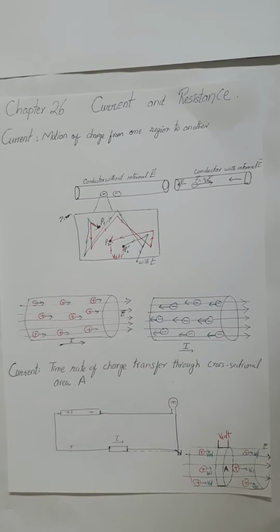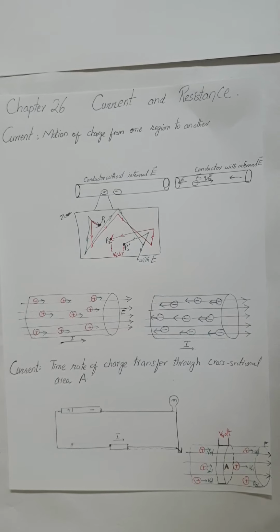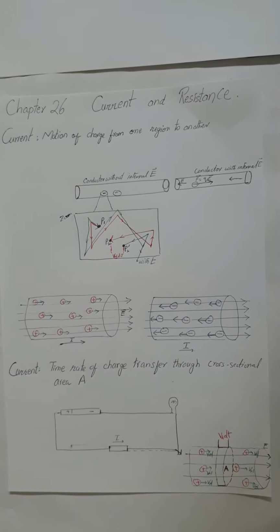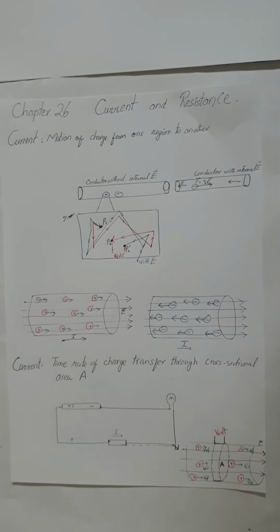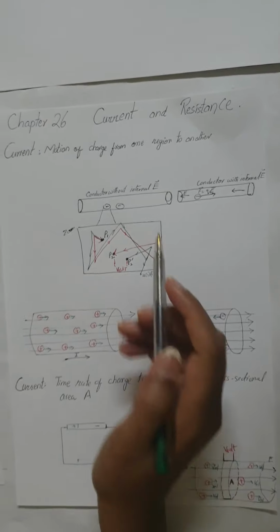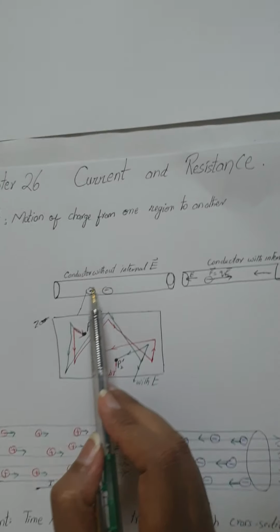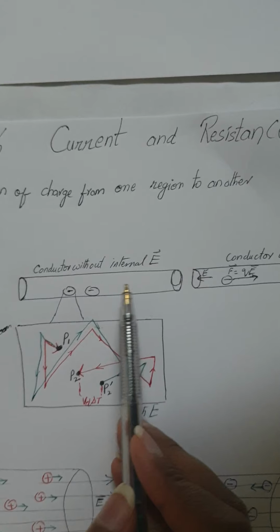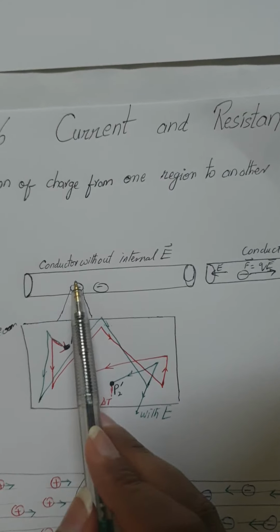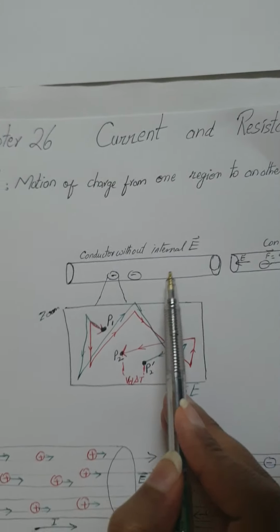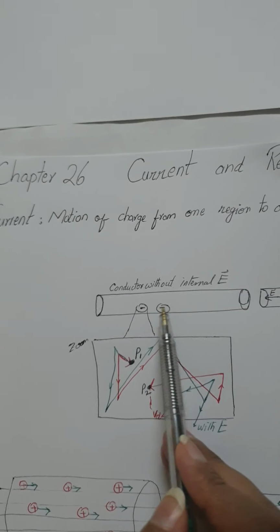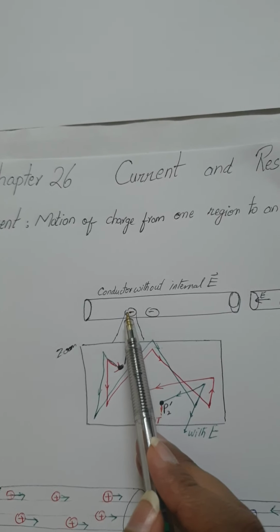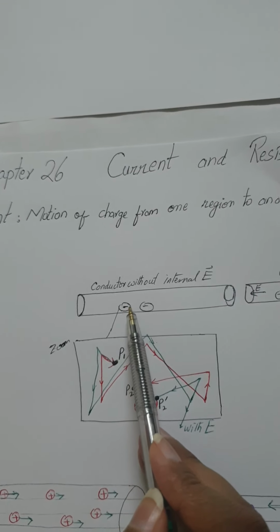So now consider what happens when we apply a steady electric field inside a conductor. This is the case. So this is a conductor, and the charges are flowing in the conductor. Let's take a negative charge.